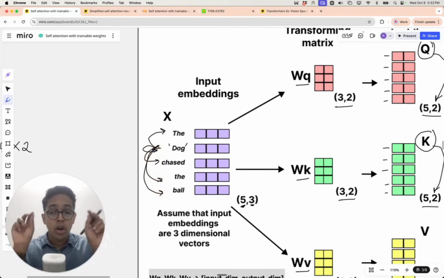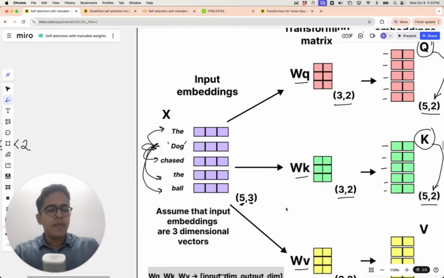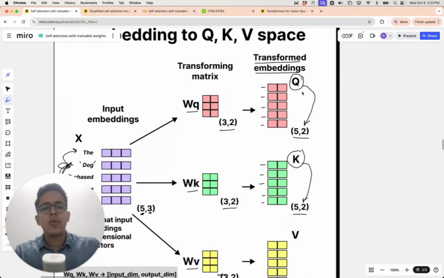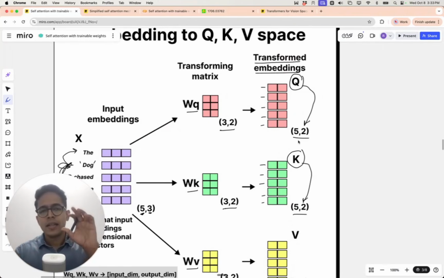So here dog is the query and all the words in the same sequence are the keys, right? So we know what query and key are, but we don't know what value is yet. We'll come to that, but I hope you understand now what these transformed queries and transformed keys are. It's simply some transformations happening to the input embeddings such that the dimensionality reduces from 3 to 2.